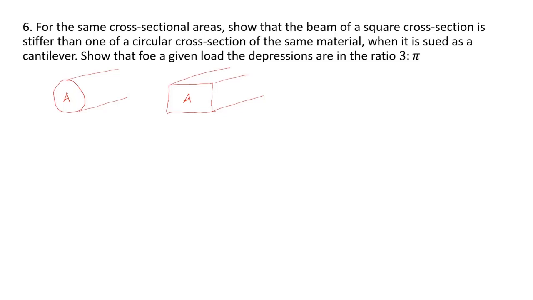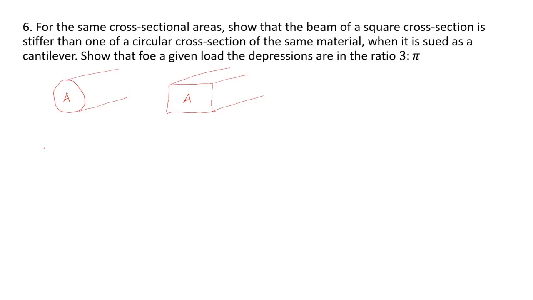In this case, which one will be stronger? That is, for which one the depression will be minimum. We have the equation for both the rectangular and circular cross section, so let's write the equation for both.